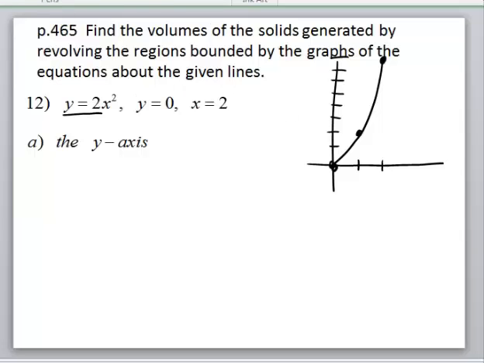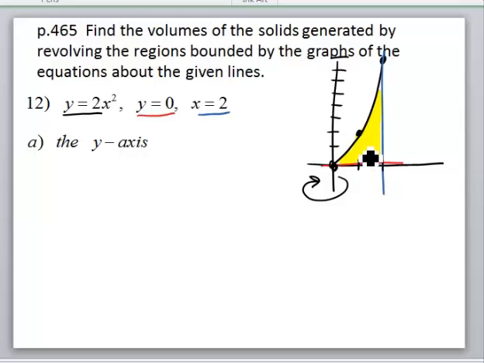I have the y equals x line, which is this axis right here, and then the x equals 2 line, which is right here. Now what I'm going to be doing is revolving this area about the y-axis.